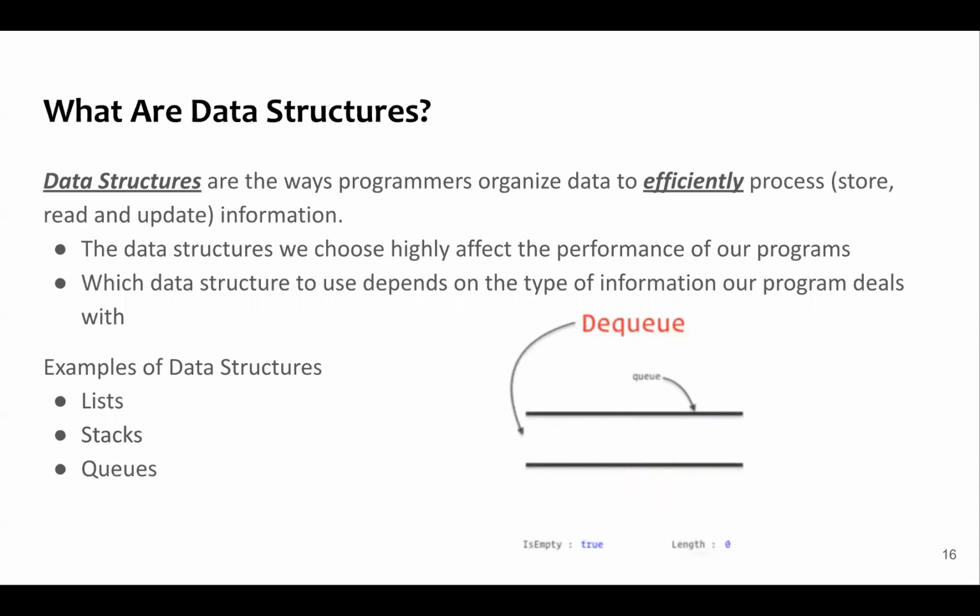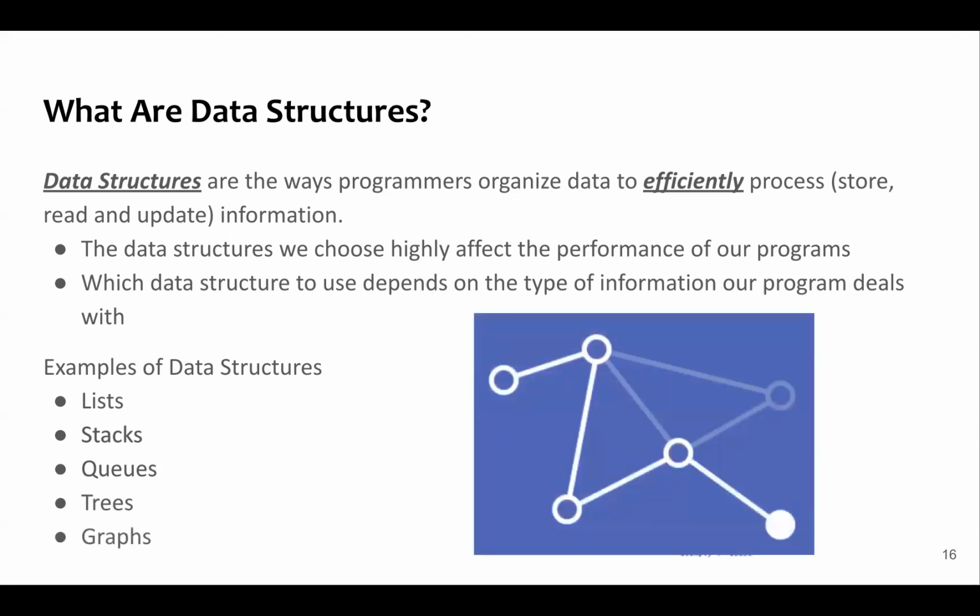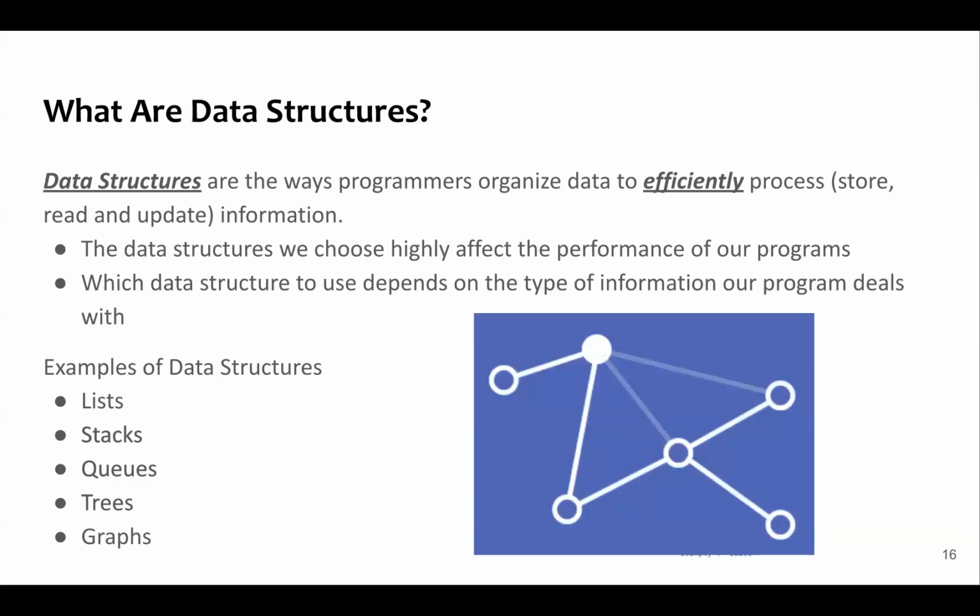So when you are in line waiting for something, first come, first served, right? So that is what queues are about. And there are also trees. Trees really look like real world trees. So they have some nodes and branches like this. And there are also graphs. I told you about 3D scene graph. And graphs are very efficient for representing some relations between objects. So we are going to learn these types of data structures in this course.